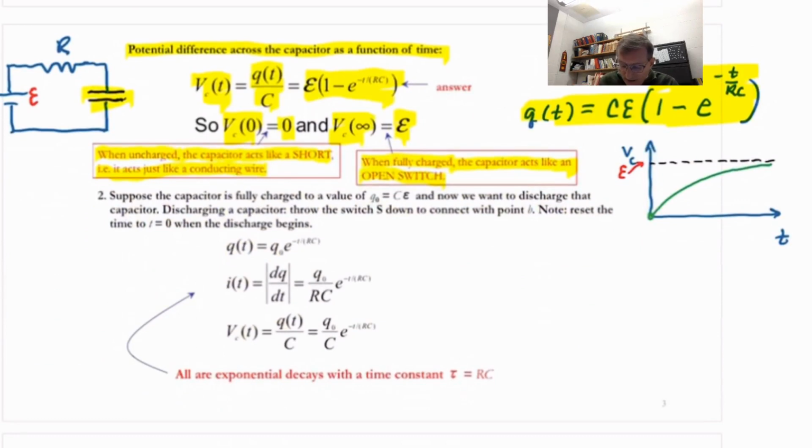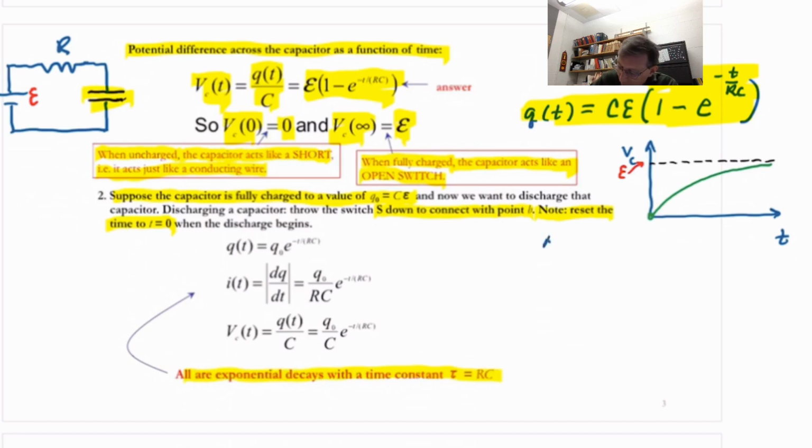All right, so we suppose then the capacitor has been fully charged to a value of its charge, C times the EMF. And we're going to discharge it. We do that by throwing switch S down to connect to the point B. Note, by the way, the moment we do that, at that instant, we reset the time to time 0. And now we have discharge. And when you have a discharging capacitor, the charge, the current, and the potential difference all just decay exponentially with time, with a time constant tau of R times C. Everything just decays exponentially.